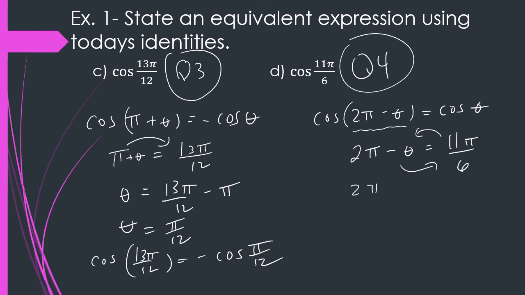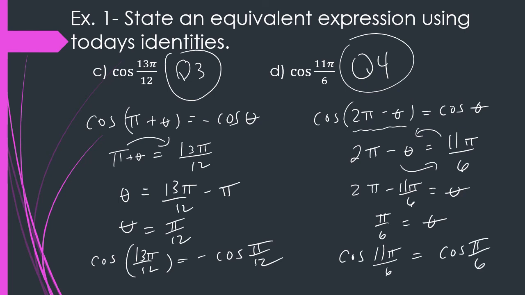So 2 pi minus 11 pi over 6 equals theta. 2 minus 11 sixths gives you 1/6. So pi over 6 equals theta. That tells us that cos 11 pi over 6 is equal to cos pi over 6. And again, you can double check your work on this.